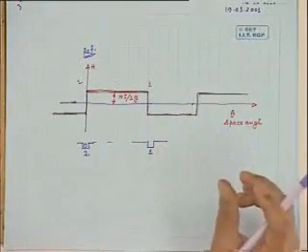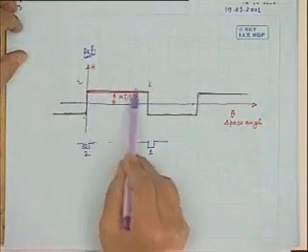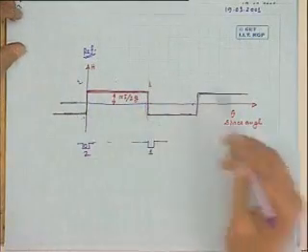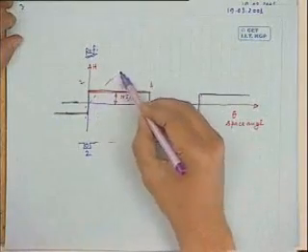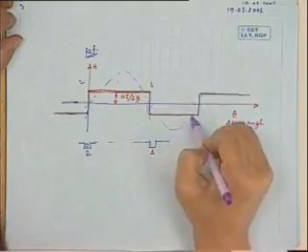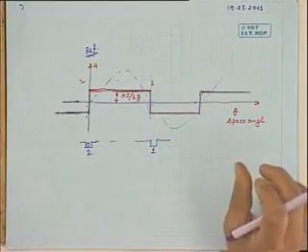In such a situation, if you want to find out what will be the voltage generated, what is done is this rectangular waveform is Fourier analyzed, and you will be having a strong fundamental and several harmonics. So there will be induced voltage because of the fundamental and also because of several harmonics. It will not be a pure sine wave.